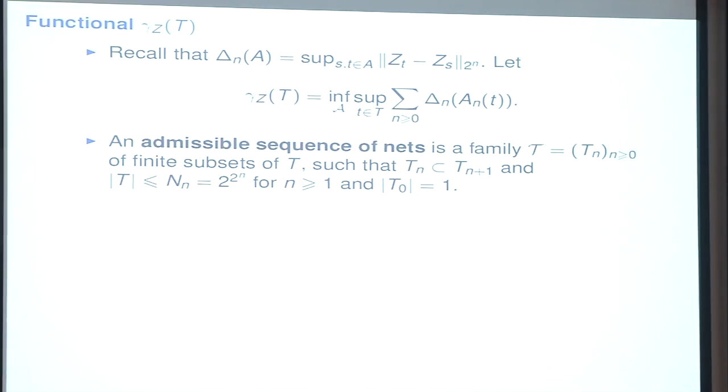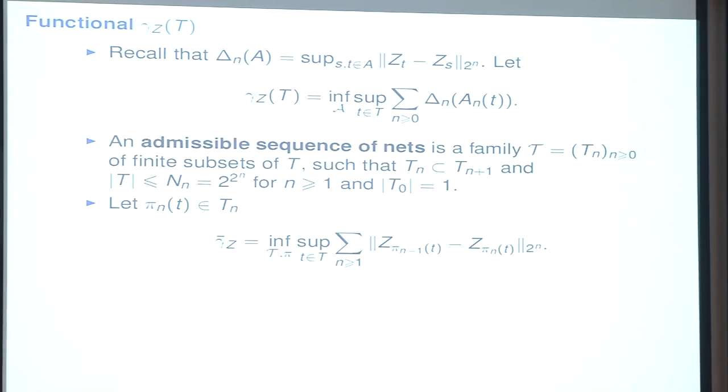The language of admissible partitions can be replaced by admissible nets. It was also mentioned in the morning that this family of admissible nets must be nested, and what's more, we need that obviously the cardinality of Tn is bounded, so there are not too many points in the approximation level Tn.